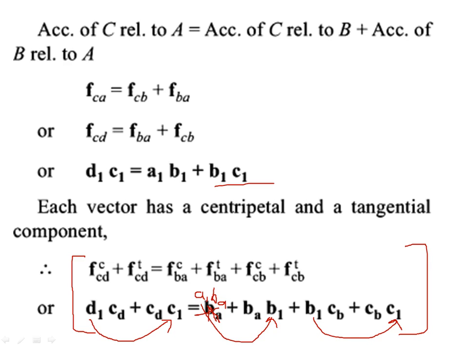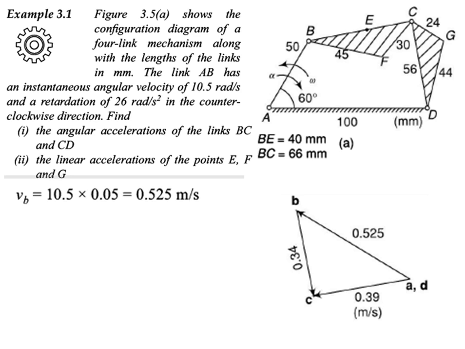Now one by one we will solve these terms and calculate. Remember which is centripetal and which is tangential, and then we'll start from the RHS side. It is always better to start from the RHS because we know VBA, and FBA can also be calculated from the initial conditions given.